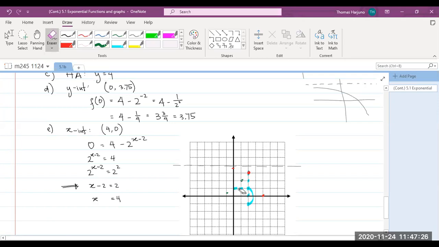Okay, 2 to the right, upside down, and then up 4. Do it again, but this time for this one: 2 to the right, upside down, up 4. It will land here.